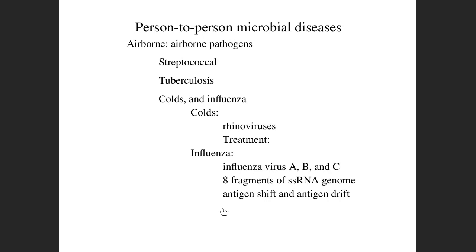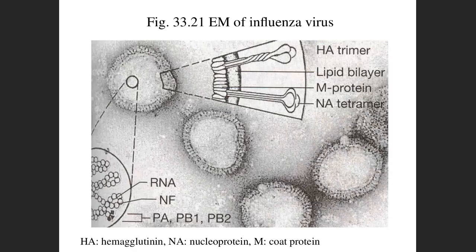Now, when we think about the flu, one thing is that it has antigens on its surface, and the antigen can drift, which means small changes, and shift, which means major changes. Okay, so those are concepts that we have to deal with.